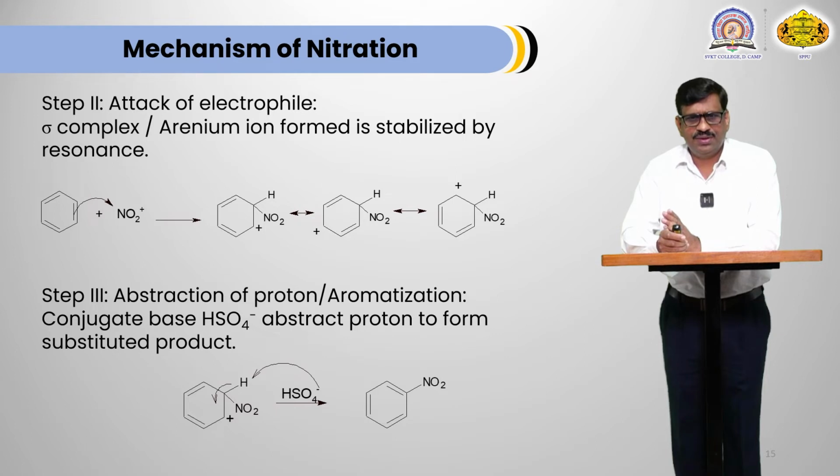Step third is abstraction of proton, or aromatization. The non-aromatic intermediate, that is the arenium ion, undergoes aromatization and there is formation of nitrobenzene as the product. In this case, the conjugate base HSO4- abstracts that proton and there is formation of nitrobenzene as the product.